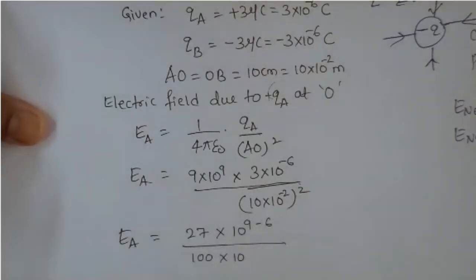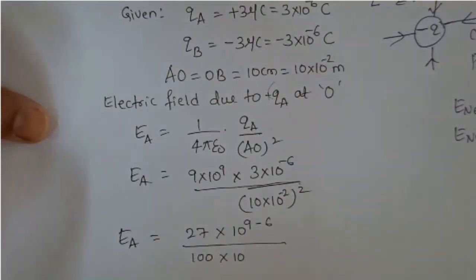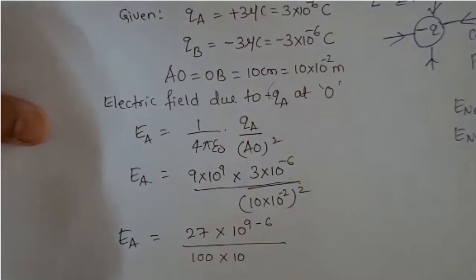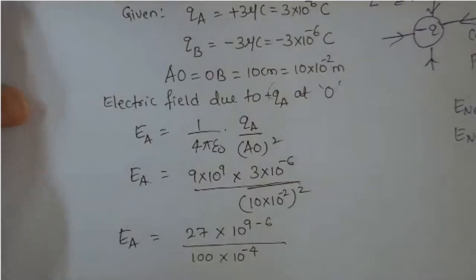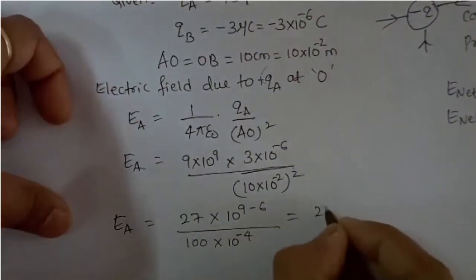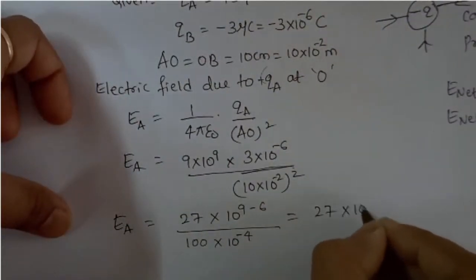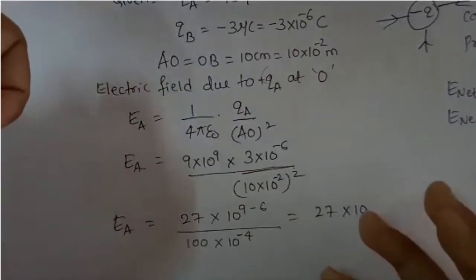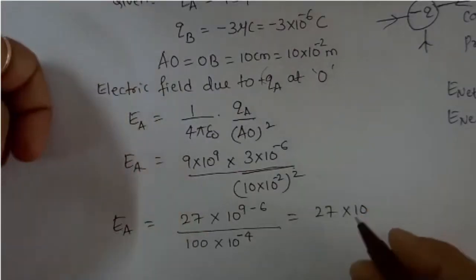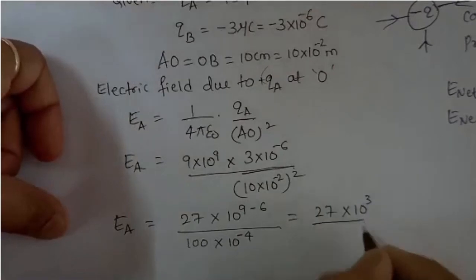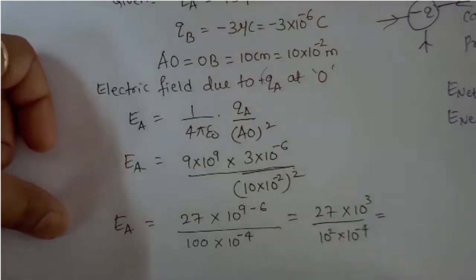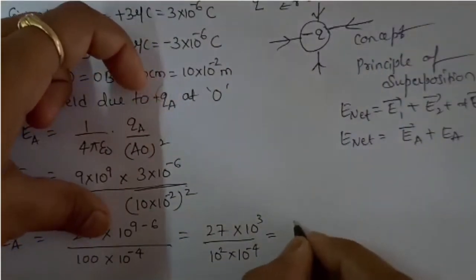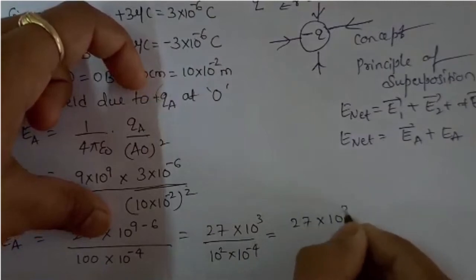It is a raised to m whole raised to n, it is equals to what, a raised to m into n. So that means here minus 2 into 2, minus 4. Clear? So 27 into 10 raised to 9 minus 6, 9 minus 6 is 3. So 100 can I write it as 10 raised to 2 into 10 raised to minus 4. So this leads to what? 27 into 10 raised to 3.